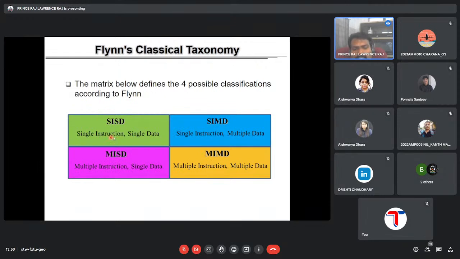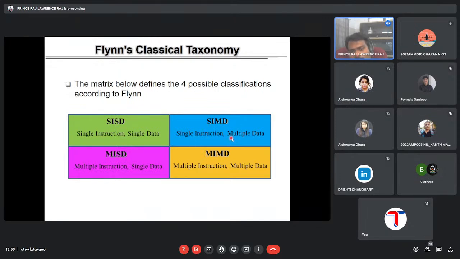Single instruction here means the program, and data means your input. Single doesn't mean only one number or a one-line program. No. It means the same program and the same data.